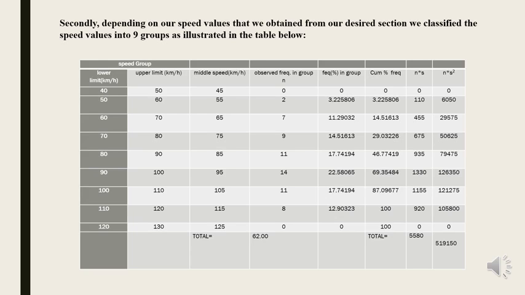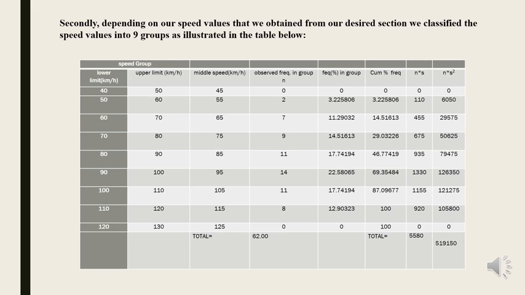Secondly, depending on the speed values that we obtained from our desired section, we classified the speed values into 9 groups as illustrated in the table below. Column number 1 is the lower speed limit and column number 2 is the upper speed limit.